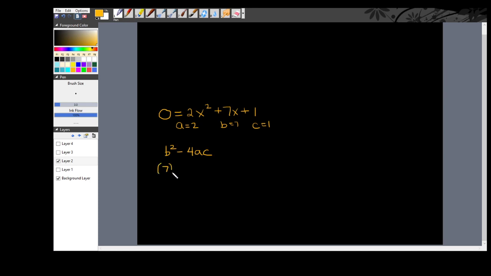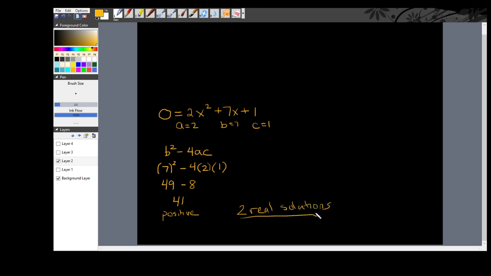Now remember, if you substitute something into an equation, make sure to use parentheses, because those negative values do change things around if you mess it up. Where the b is, I put 7, a is 2, c is 1, and now we simplify. So 7 squared is 49, minus 4 times 2 times 1 is 8. So my discriminant here is 41. This tells me that it's positive, and I will have two real solutions.